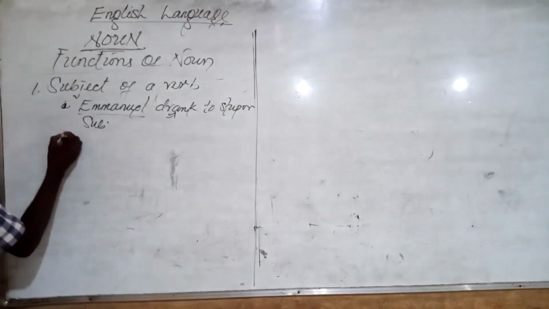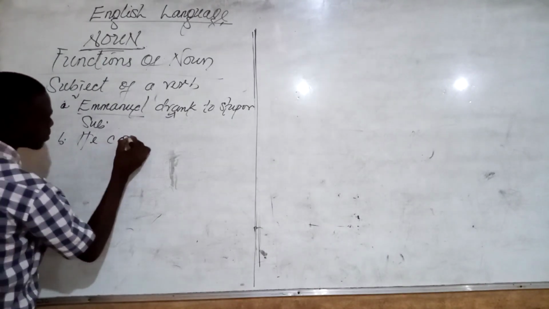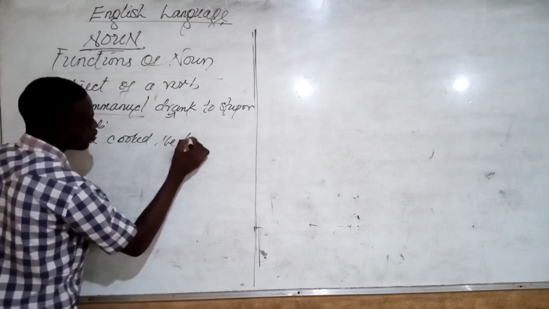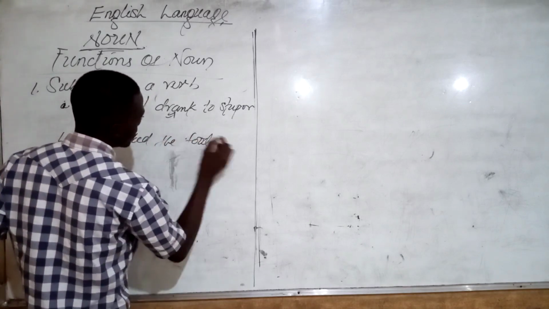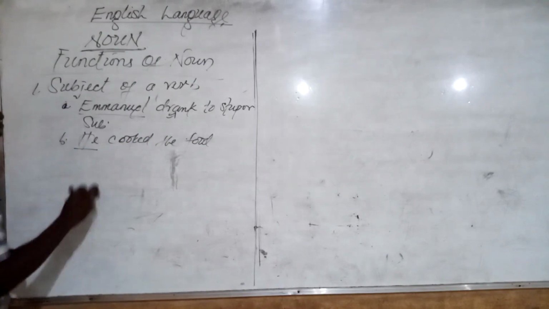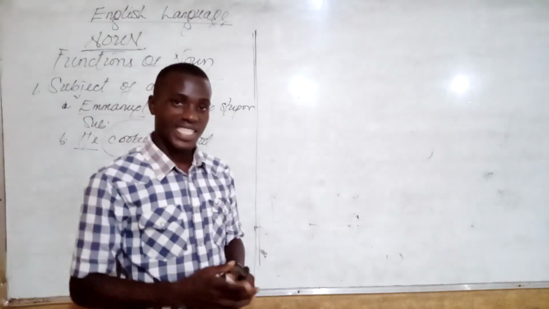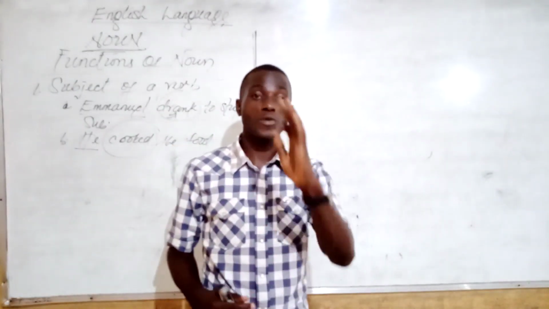Now, we could also have the example: he cooked the food yesterday. Here, he is the one performing the action cook. So basically, the first thing to identify in the sentence is the position of the verb.